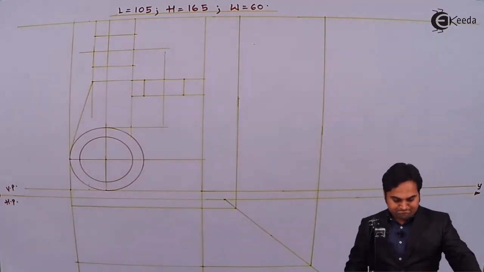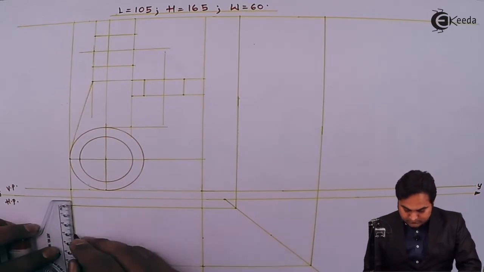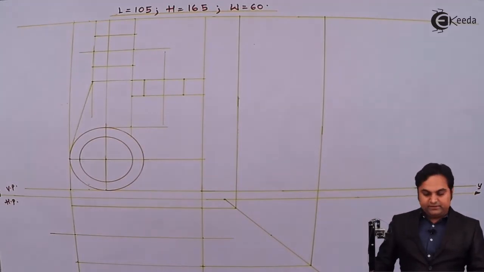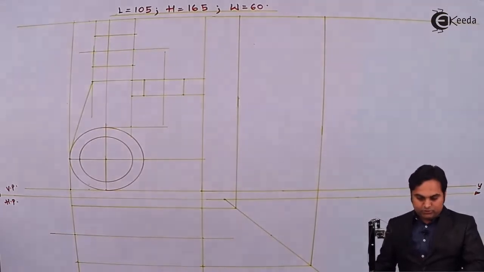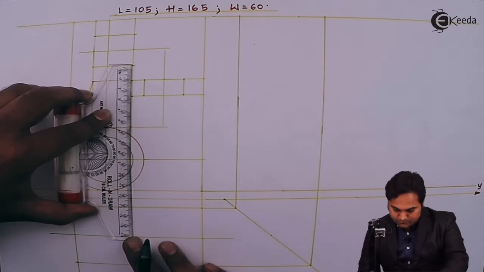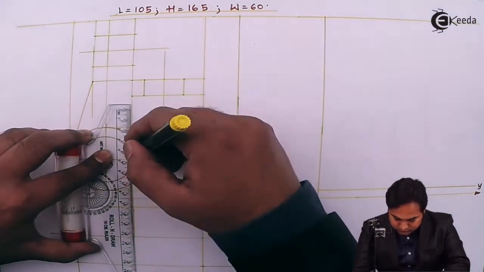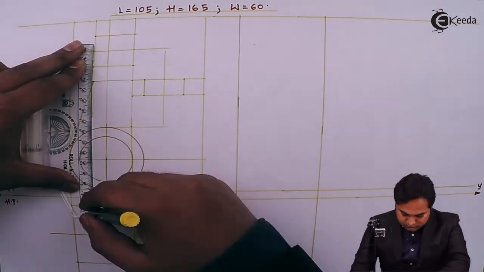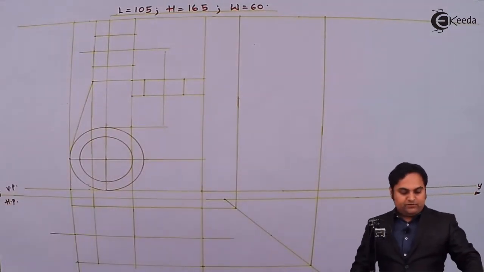For that, drawing this center line. Next, I'm going to draw this cylindrical block in the top, so its length I can get directly from the front view, which I am projecting here. So this block is visible from the top.